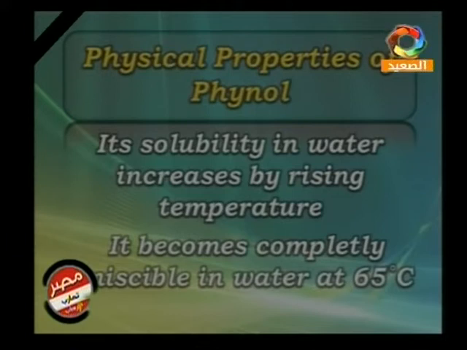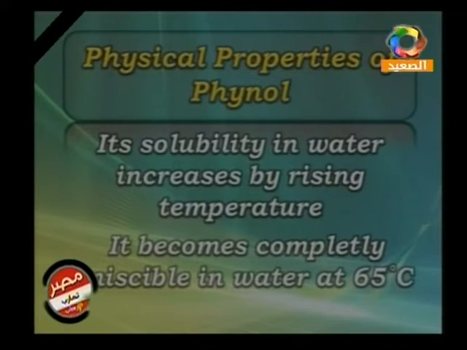Again, here we have cold water and the phenol doesn't dissolve inside. If you increase the temperature gently, it still doesn't dissolve, but at 65 degrees centigrade it is completely miscible in water. So the miscibility of phenol is at 65 degrees centigrade.